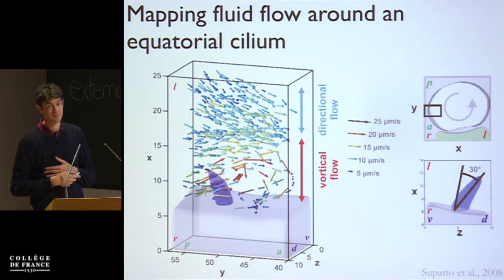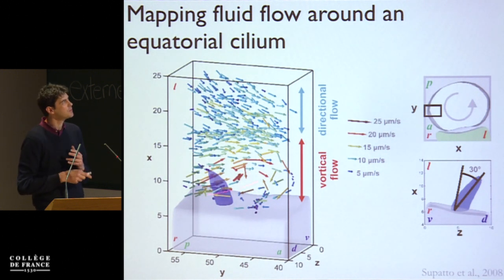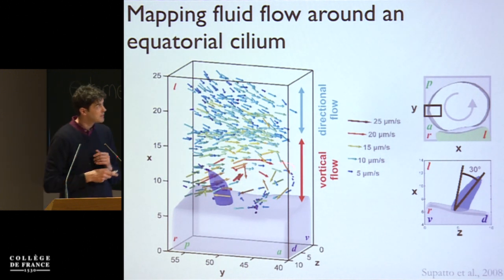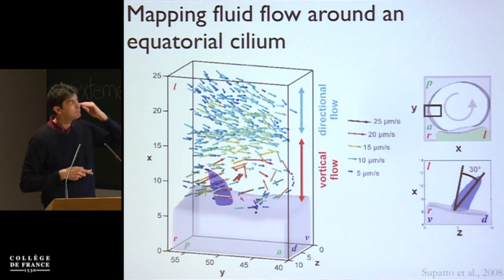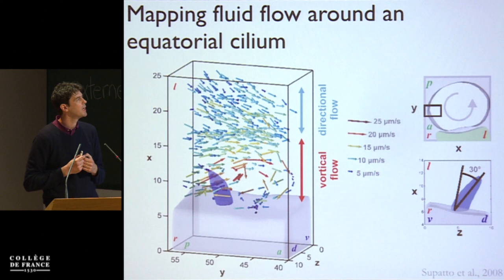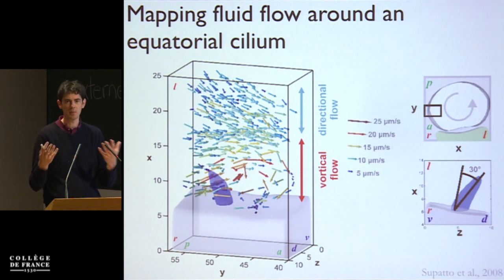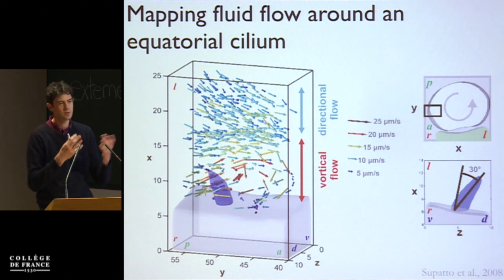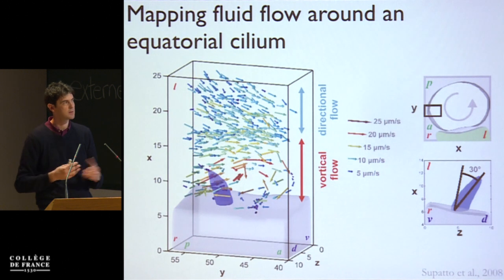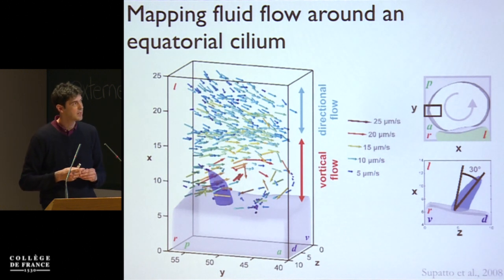But if you go to the cell membrane where signaling happens, this doesn't seem to be very well ordered. It's more chaotic. So this led us to really think about whether this chaotic flow is really fitting with the different hypotheses that were proposed in the mouse.